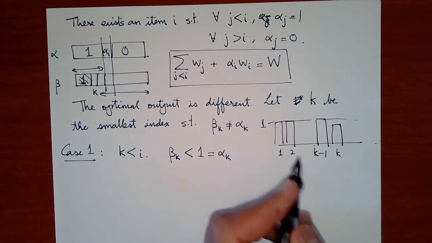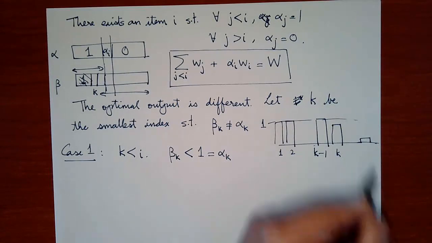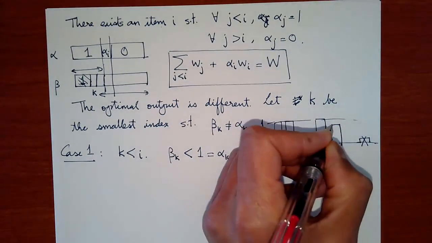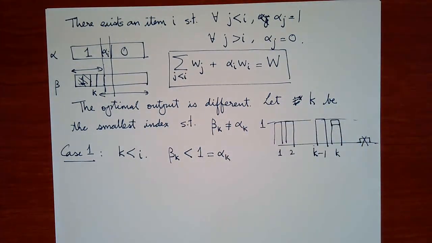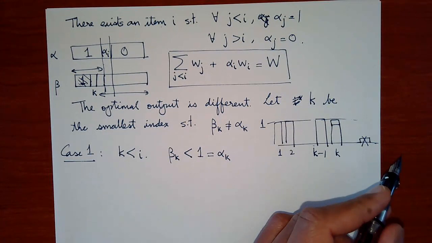Now what we know is if there was any other item here where it took anything non-zero, it could instead of taking that, take more of this, and it would improve its objective. And that would be a contradiction because it's the optimal. Hence, there cannot be anything else.